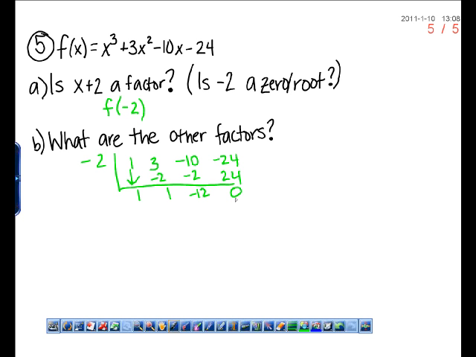Is x plus 2 a factor? Yes. Is negative 2 a root? Yes. So if I did f of negative 2, what would I get? 0. Good, because my remainder is 0.